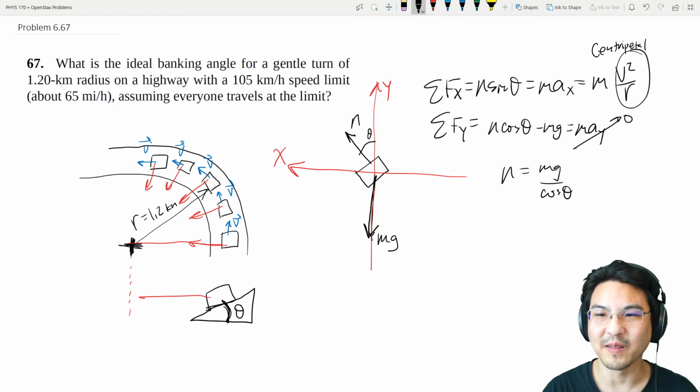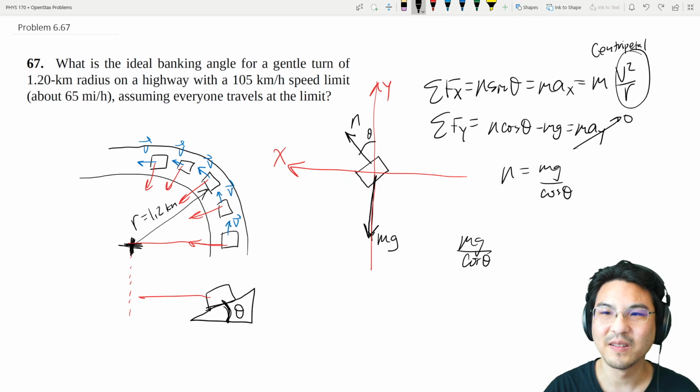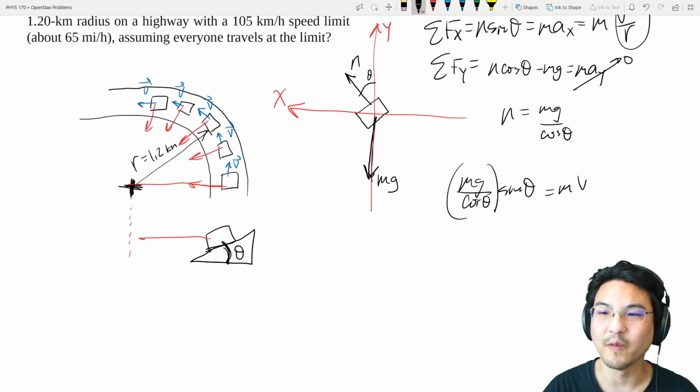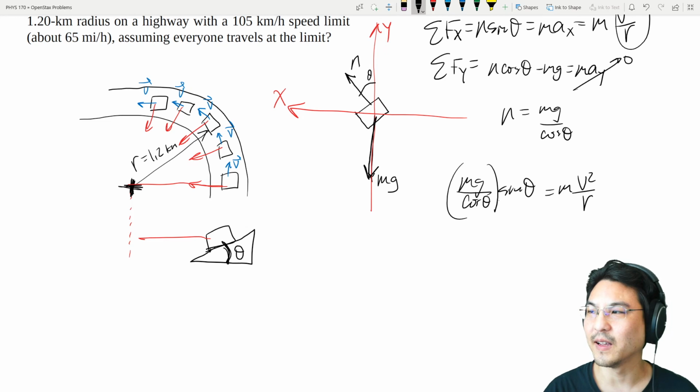And then we can take that and put it here. So let me do that. I'm writing this equation: N sine theta equals m v squared over r.